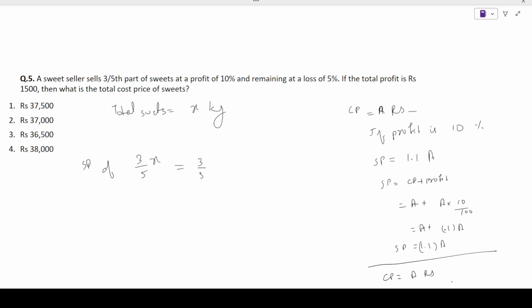Let's say the cost price for each kg is C. So for 3 by 5 parts of x, we have C cost price for each kg, and now we are getting a profit of 10%, that is 1.1 times of C.